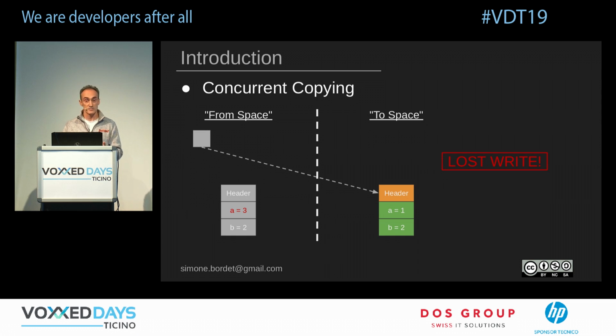And so this is a big problem, and we will go into details about how these two new collectors solve this problem. So basically, we will understand how they work, how they can possibly work, and why they're so much better than the previous collectors.